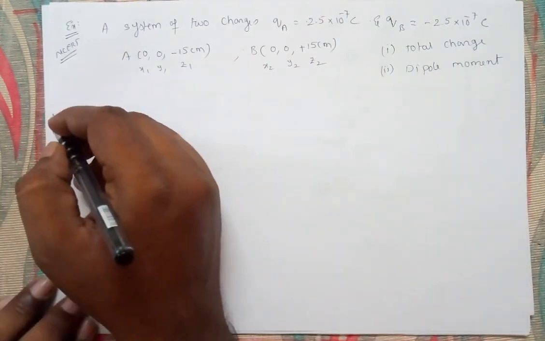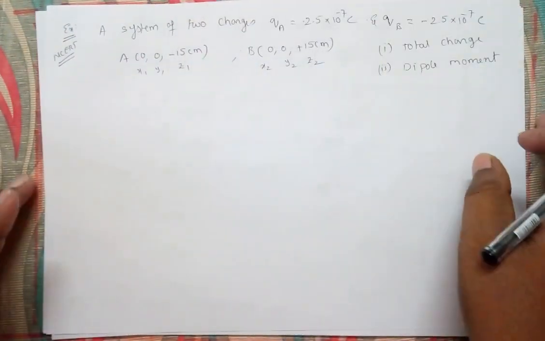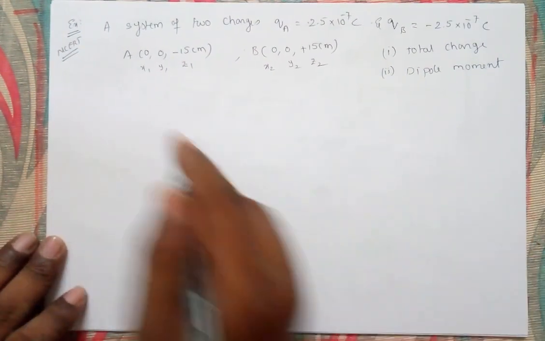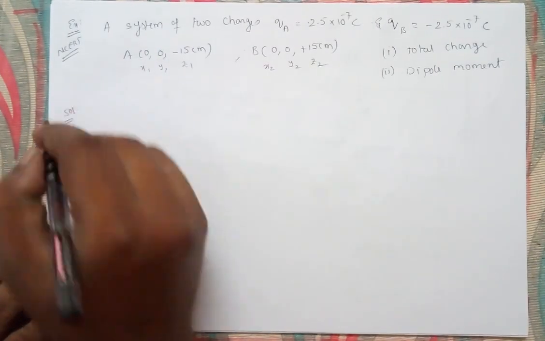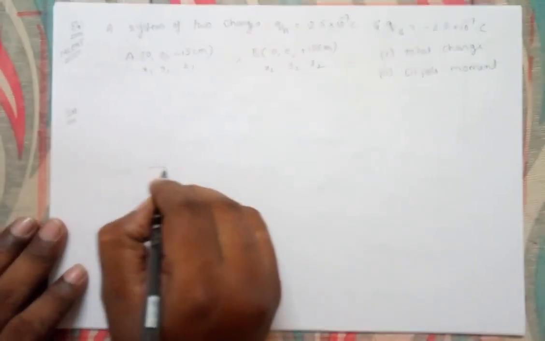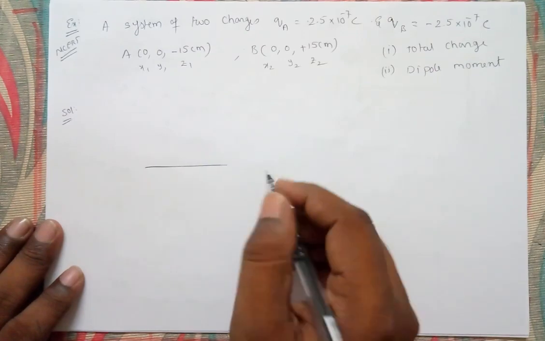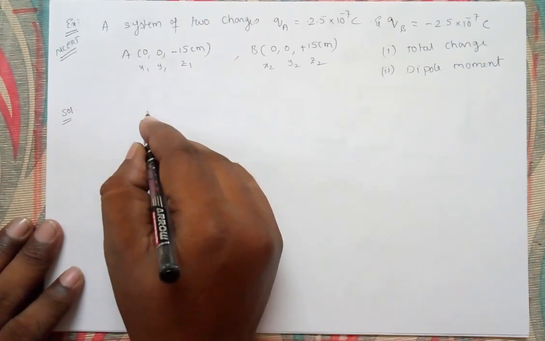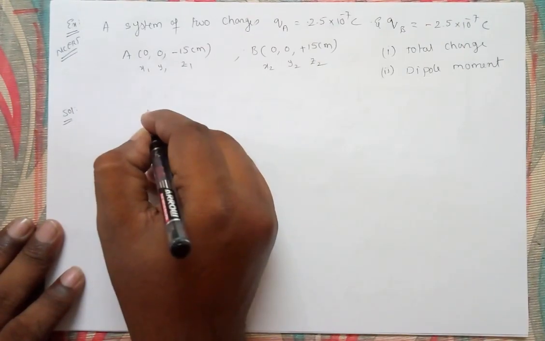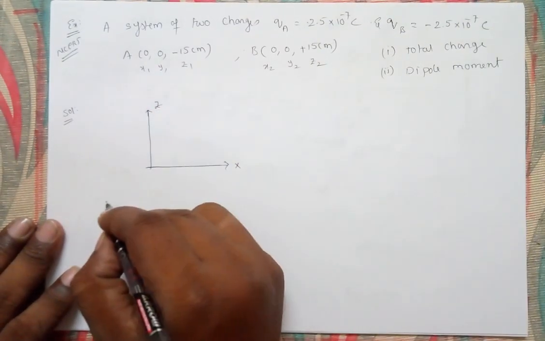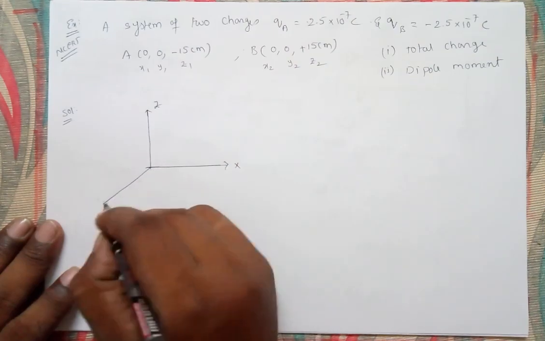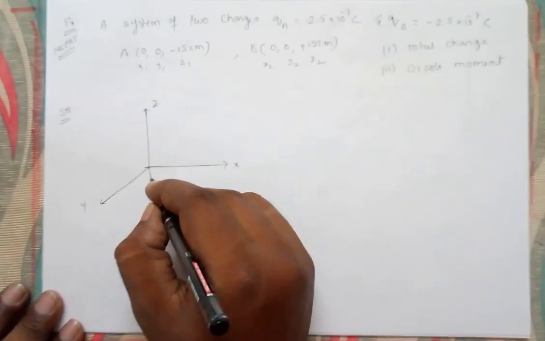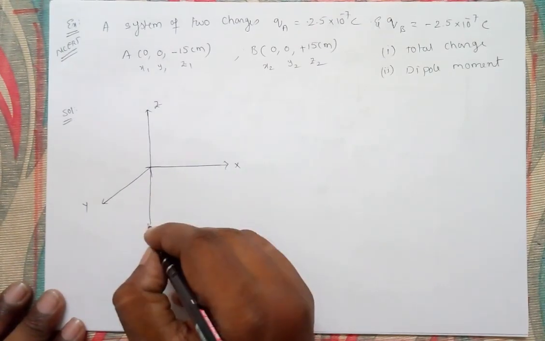Now you can solve this by taking the coordinate system: this is x, this is y, this is z, and one more axis, minus z.